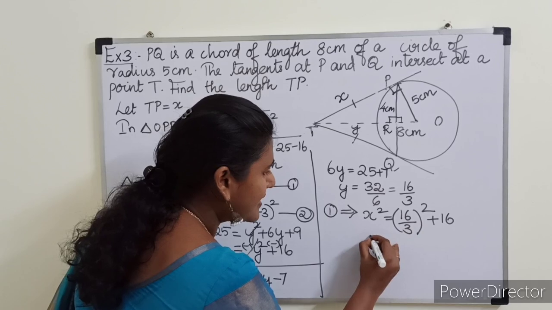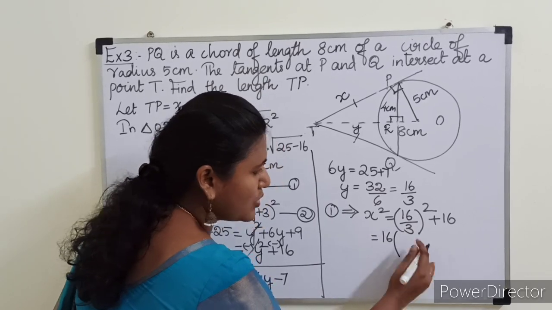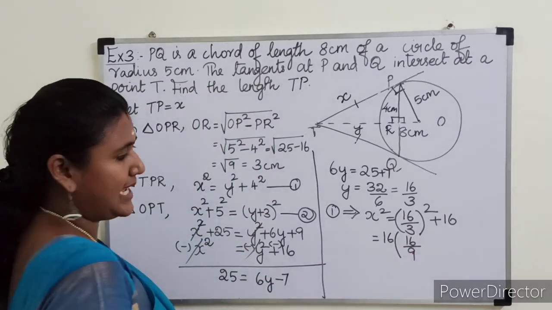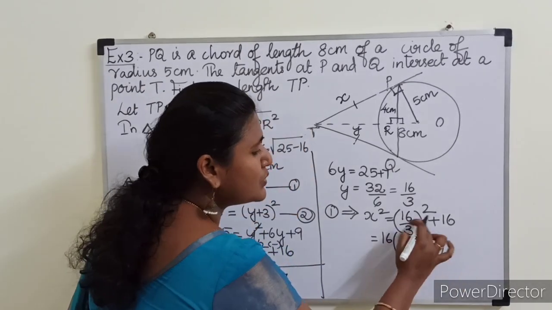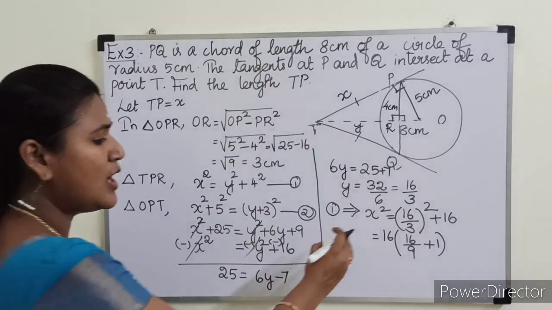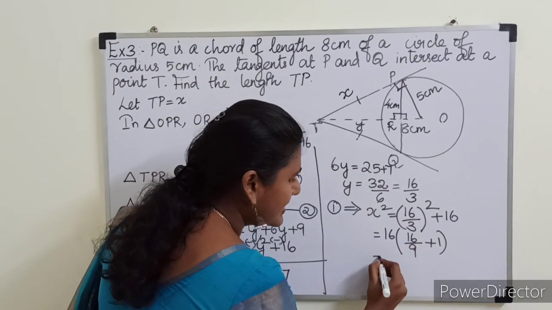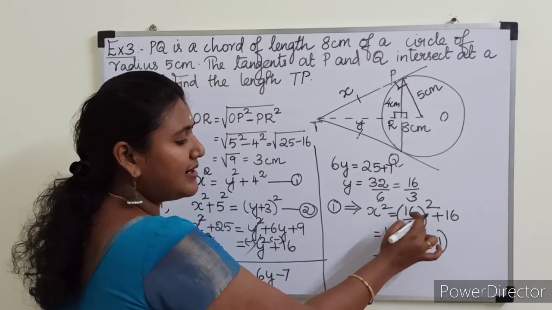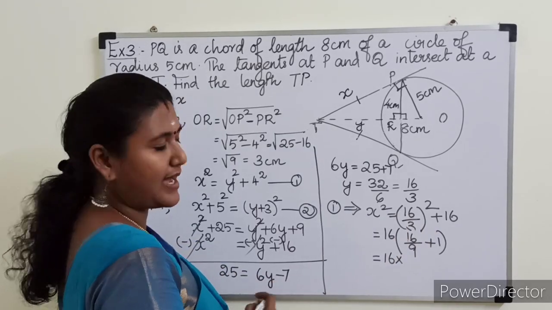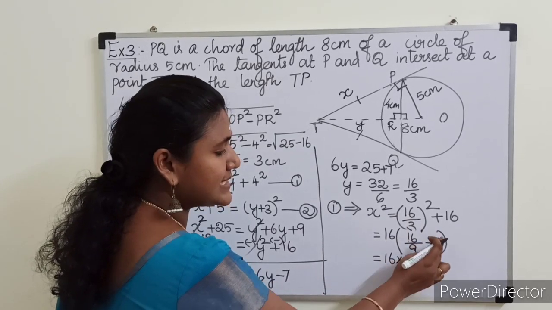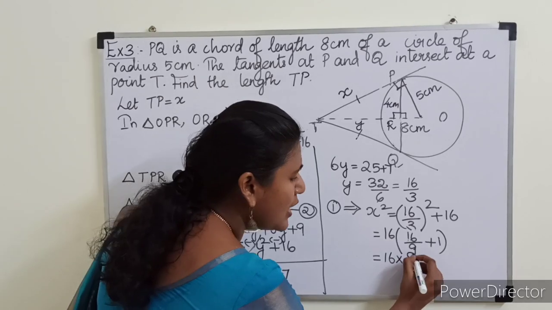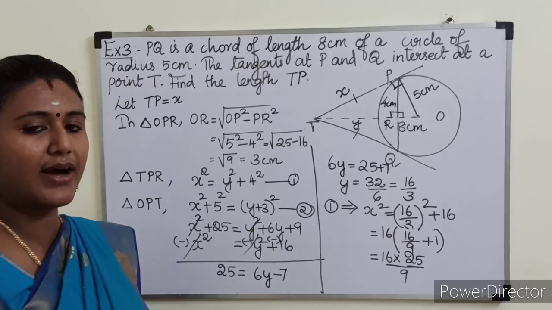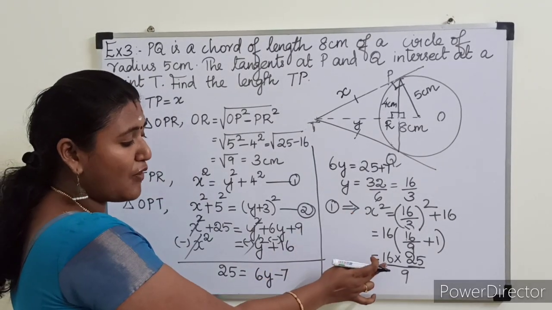From these two terms we take 16 outside, so we have 16 into 16 by 9 plus 1. When we simplify the expression inside the bracket, we get 16 into 9 plus 16 by 9, that is 25 by 9. So we get 16 into 25 by 9. This is the value of x square.